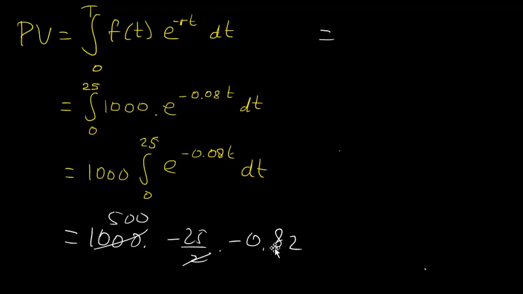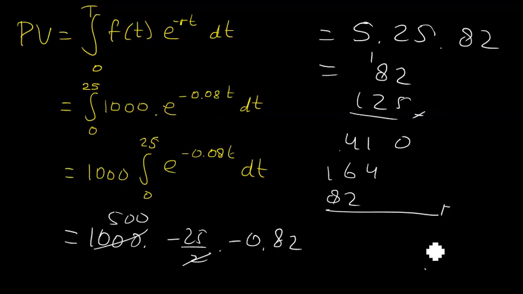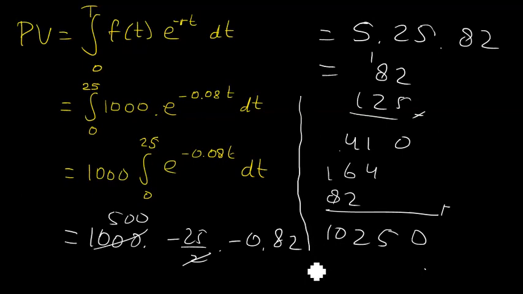If we multiply, this becomes 5 times 25 times 82, and for the double minus here, this becomes positive. So let's calculate 82 times 125, which becomes 10,250.